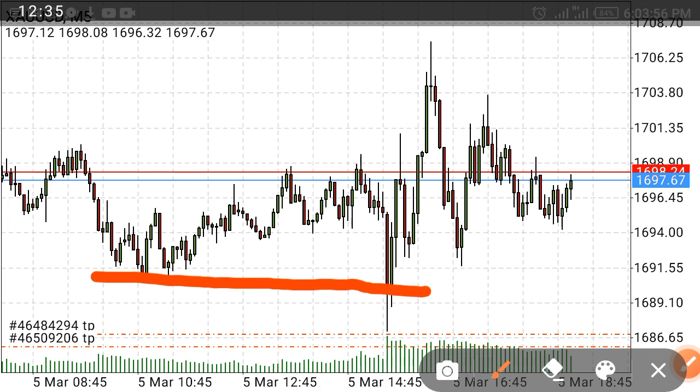Look at this. You see that this line, price did not go through it. It's just going up, down, and once the first time it got here, it went up. It came here again, it went up again.